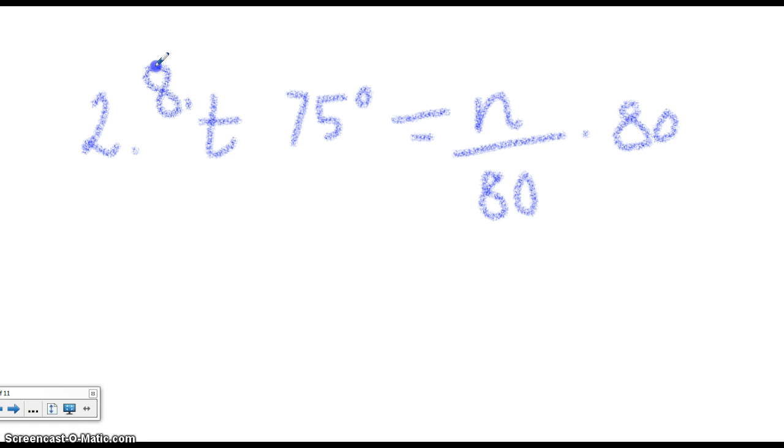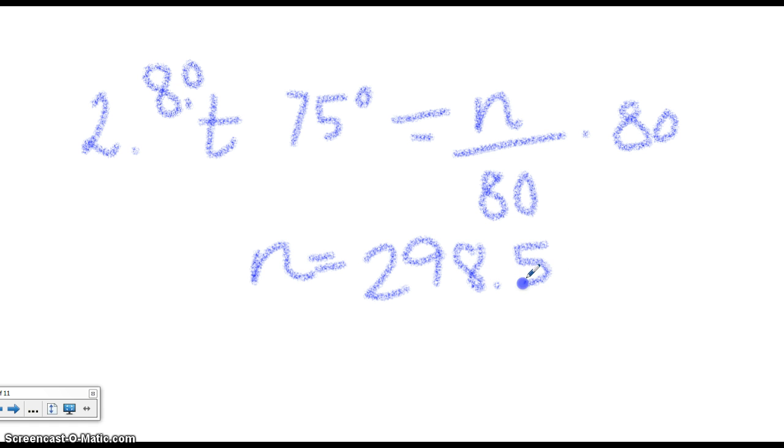I'm leaving that value on my calculator, multiplying that by 80, and I get the value of n is equal to 298.56. On the bottom they have it as 298.57, but again, as we go along, we're going to cross off the answers.